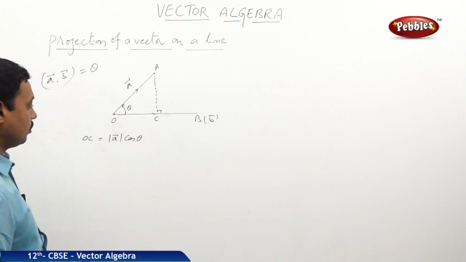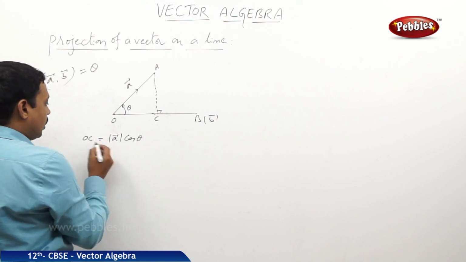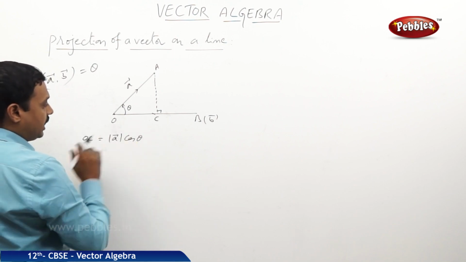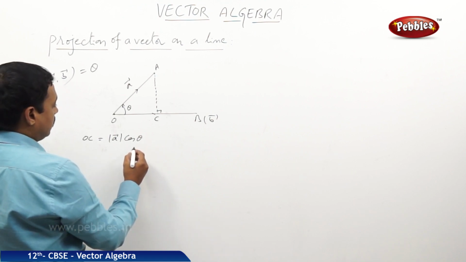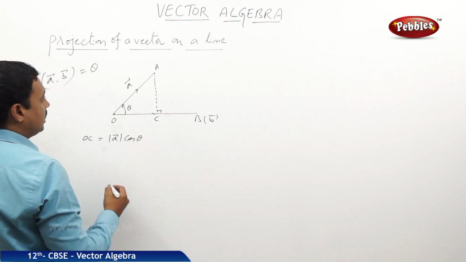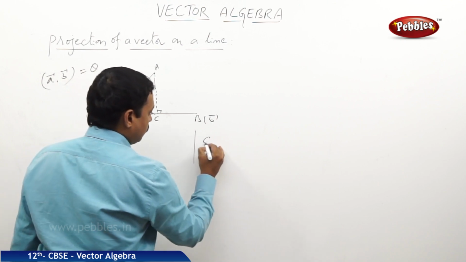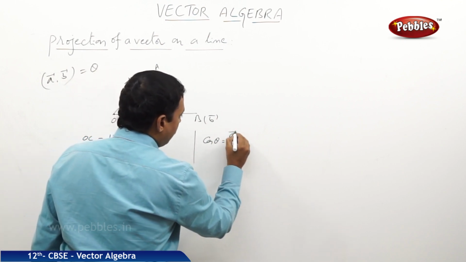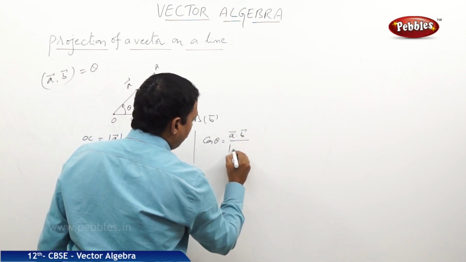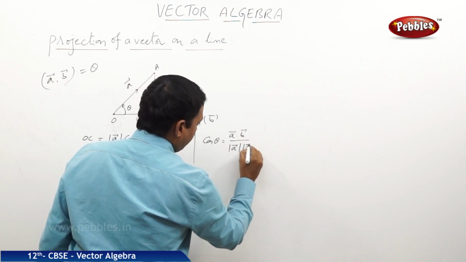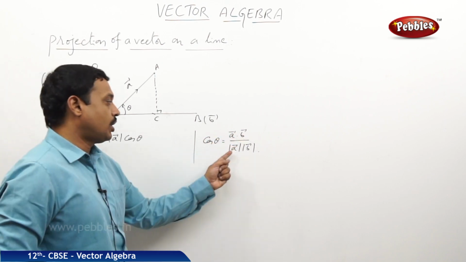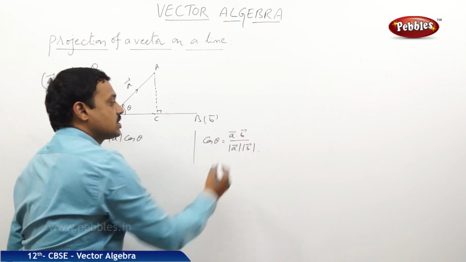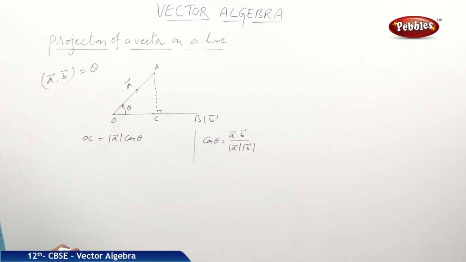So it is already known. So the length of the projection is mod A into cos theta, where cos theta is A dot B by mod A mod B, by the definition of dot product. A dot B is equal to mod A mod B cos theta. From that, cos theta is equal to A dot B by mod A mod B.